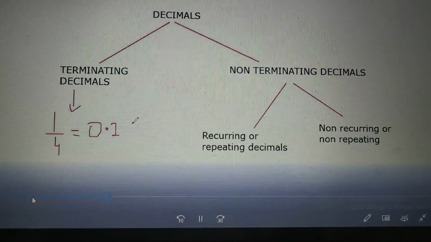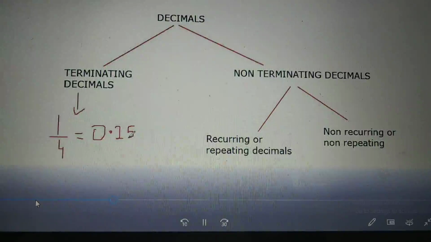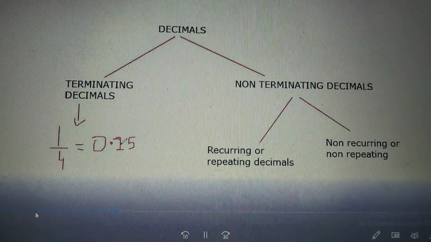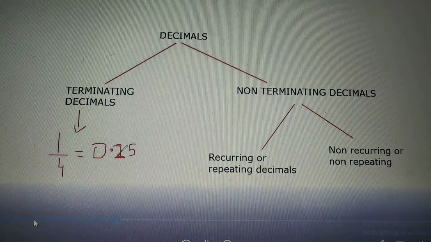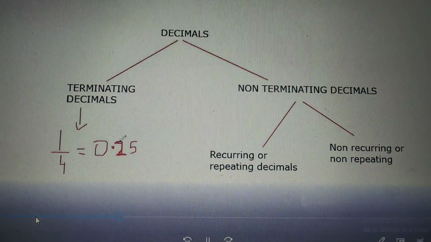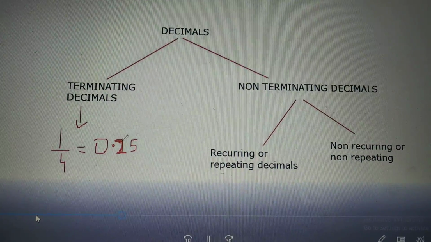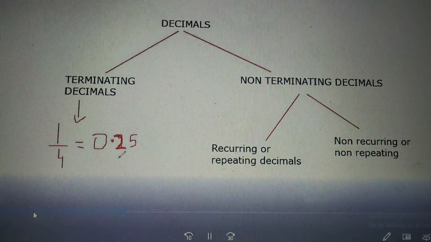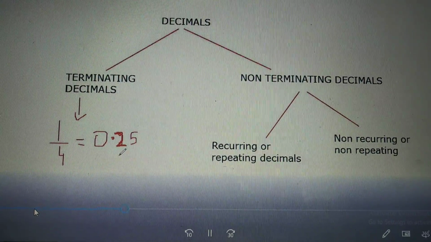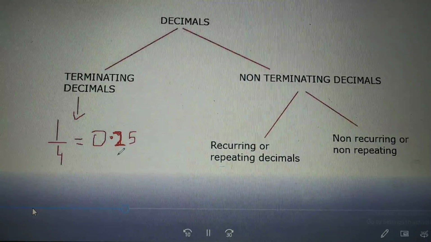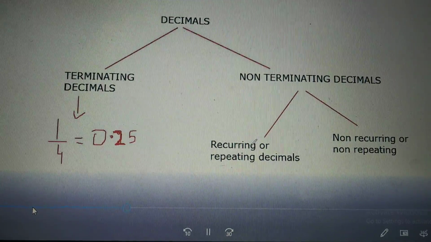Terminated means end. That means 0.25 is getting ended after 5 in the quotient. We are getting 0 in the remainder. So whenever you are getting 0 in the remainder after some finite point of time, that means your decimal is a terminating decimal.